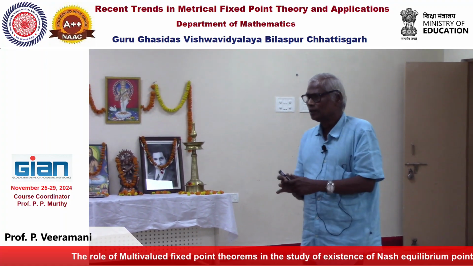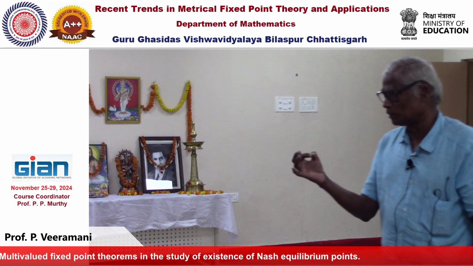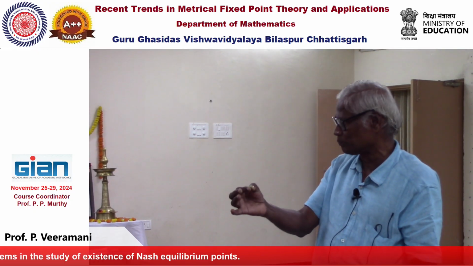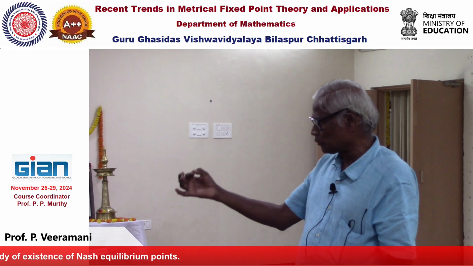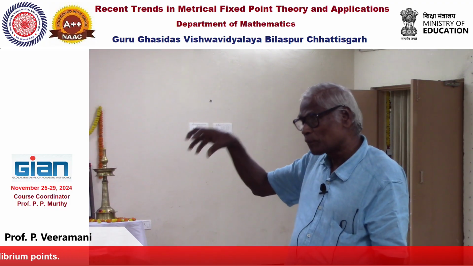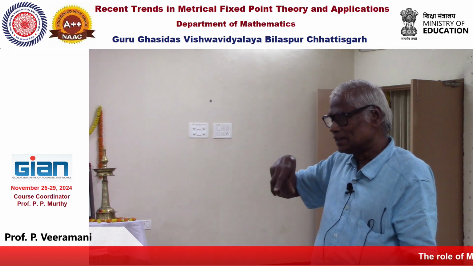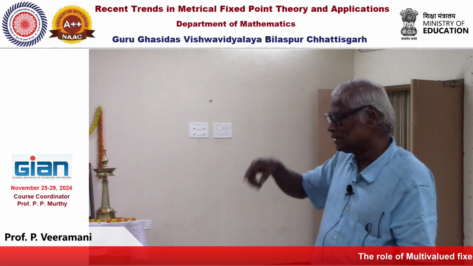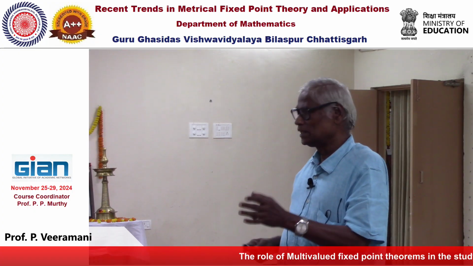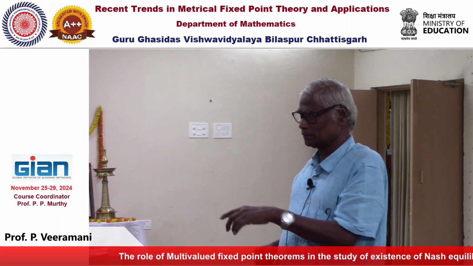If player 1 selects a rule x from his strategy set M, and the second player selects y, then f of xy is the profit for player 1, and at the same time g of xy is the profit for the second player. The profit need not be the same.